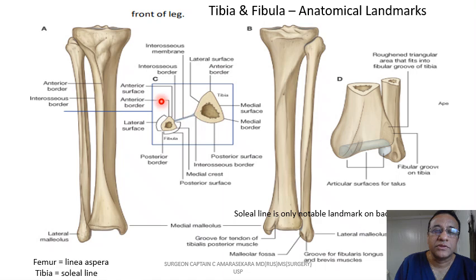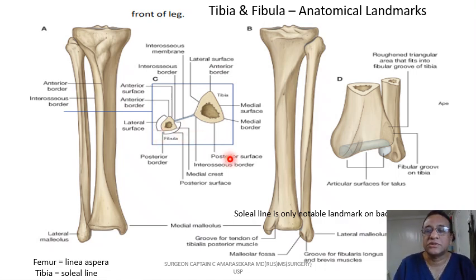So this is your cross-sectional view, and here you can identify the posterior border of the fibula, and this is the lateral surface of the fibula. These are the important points to remember from the cross-sectional view. So when you are assessing CT or MRI cross-sectional images, please keep this picture in your mind.